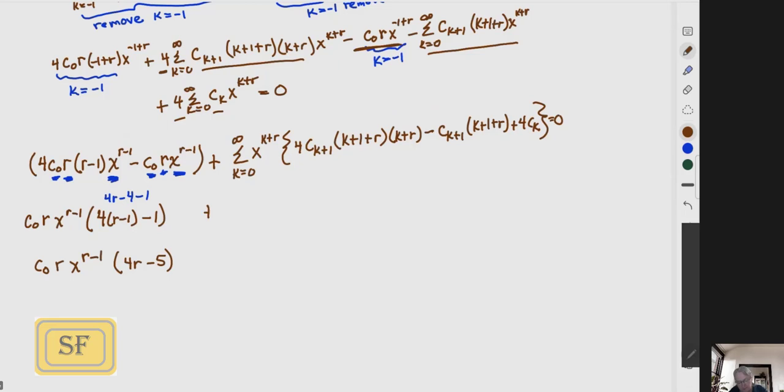And then plus, and let's look at our summation. I don't know if I want to combine anything right now or not. We have 3 terms. Doesn't look like we have anything in common because that last term is just 4 times ck. And I do have a 4 in the first term, but I do not in the second term. So there, I'm just going to copy it and carry it down.